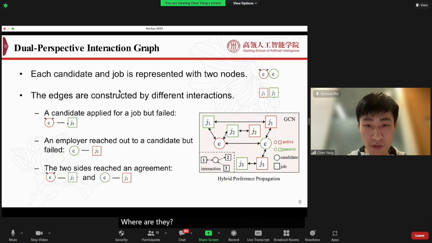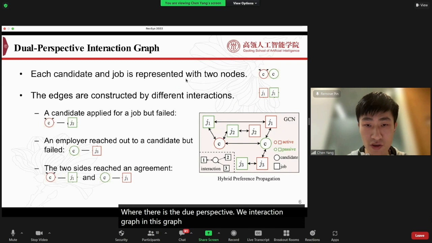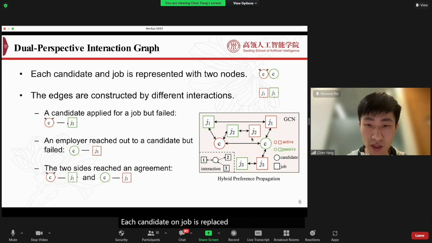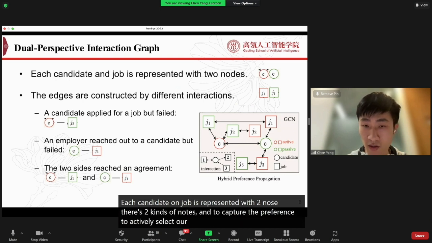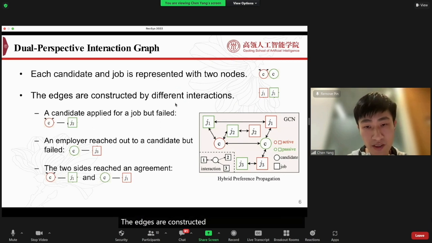First is the dual perspective interaction graph. In this graph, each candidate and job is represented with two nodes. These two kinds of nodes aim to capture the preference to actively select others or be passively selected by others. The edges are constructed by the different interactions.